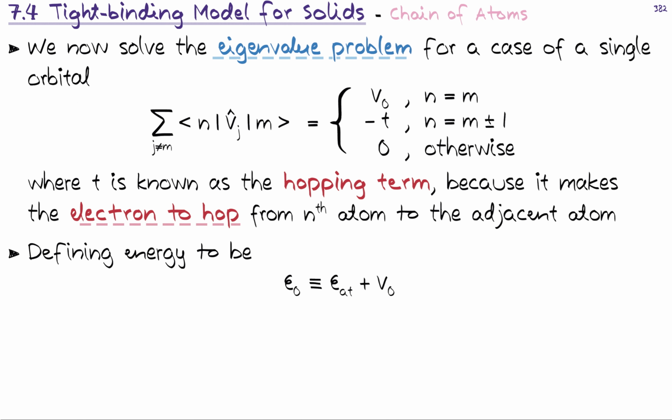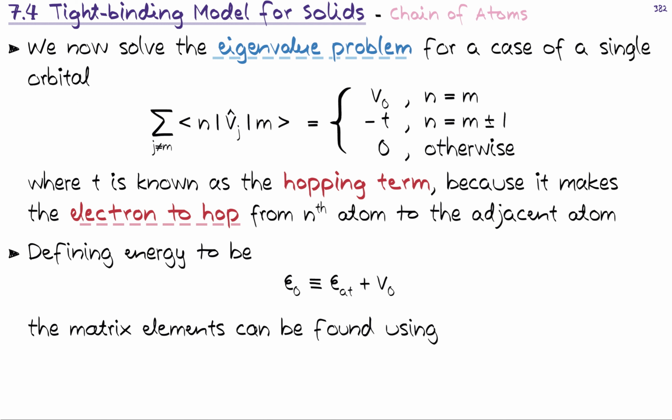So we have an energy that looks almost like the eigenenergy associated with a single atom's orbital state, but it's slightly modified by this term. So it's almost, but not exactly that. And then in addition, we have that hopping term, and let's now look at how the matrix elements will look subsequently.